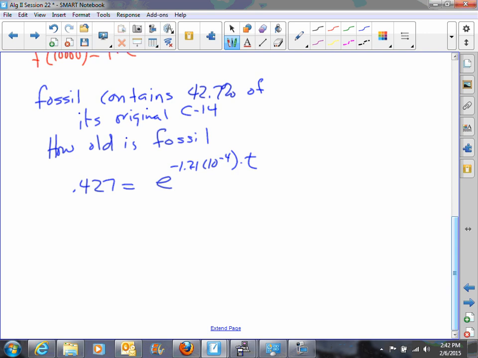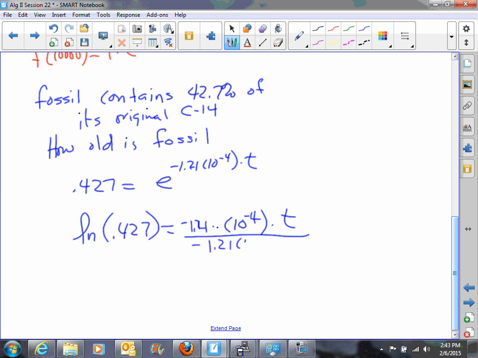Once again, the easiest way to do this is to rewrite this exponential function in logarithmic form. So we have the natural log base e of 0.427 is equal to negative 1.21, etc., times 10 to the negative 4 times t. We want to solve for t, so we divide both sides by negative 1.21 times 10 to the negative 4.